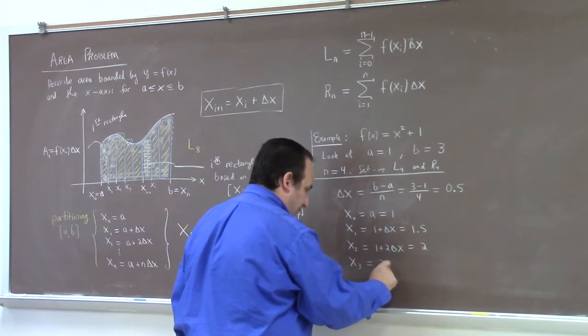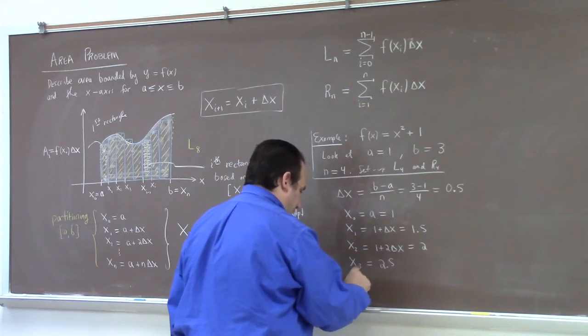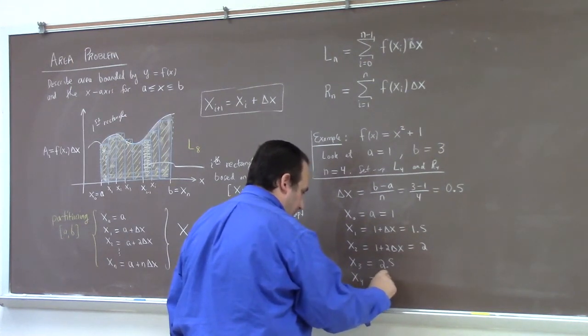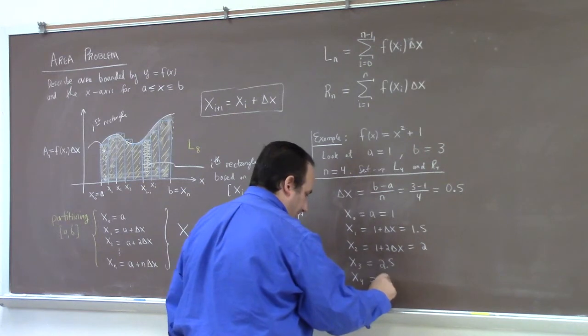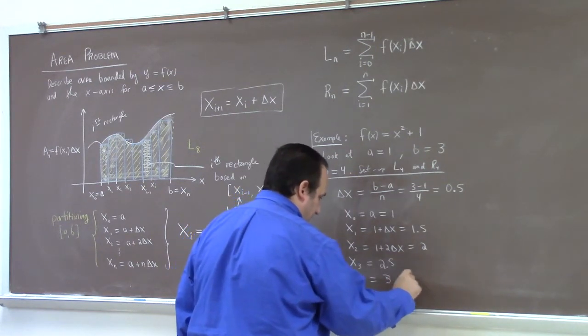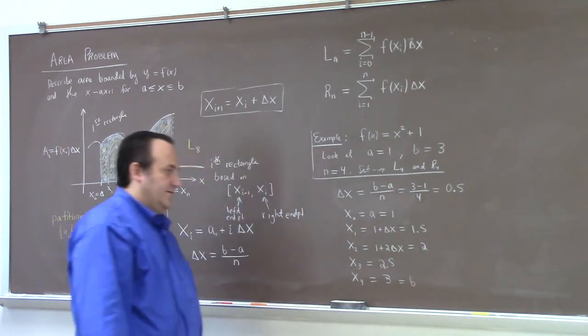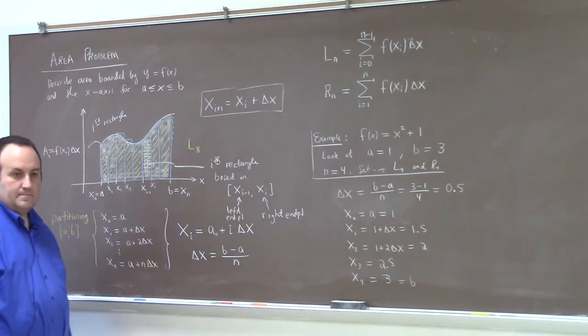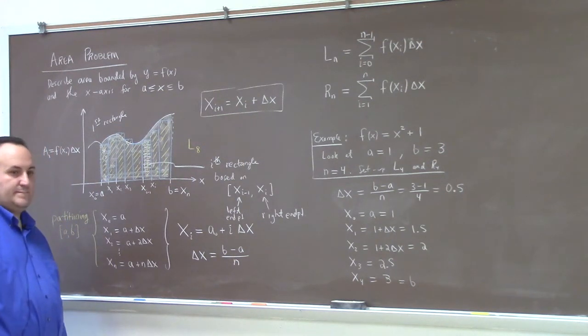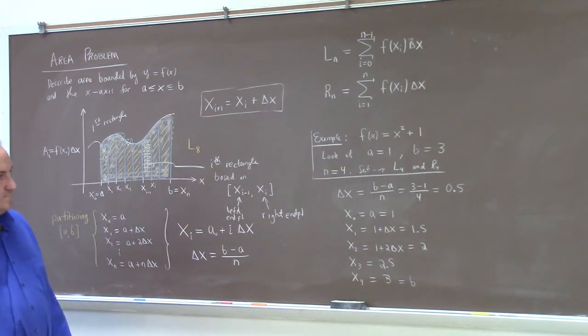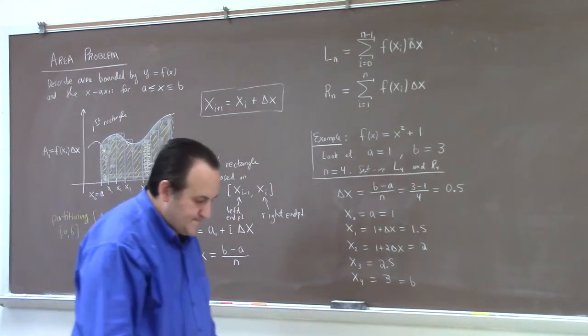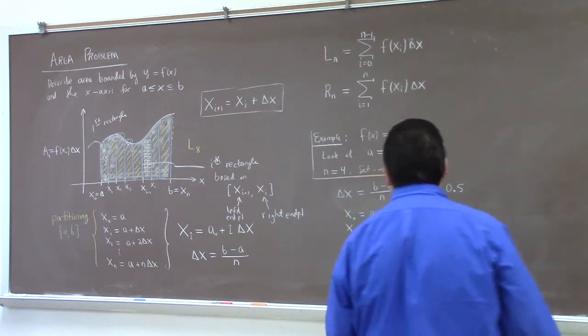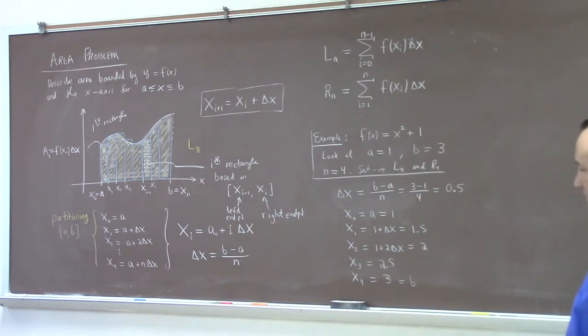Add 0.5, 2.5. And x4 is 3, which of course is b. Start at a and go all the way over to b. Does that make sense what we're doing so far?